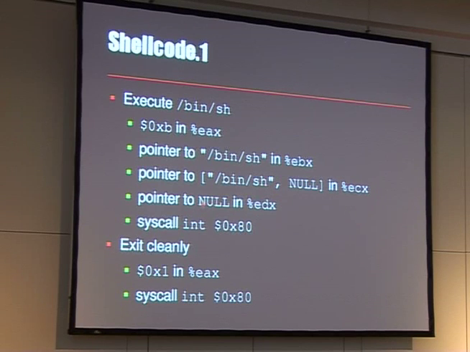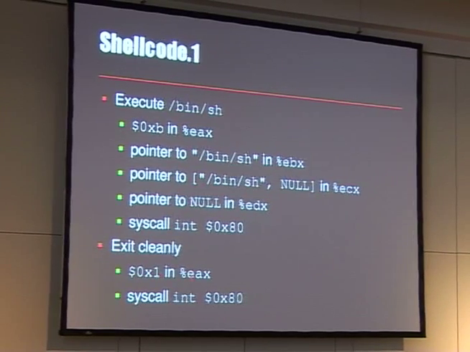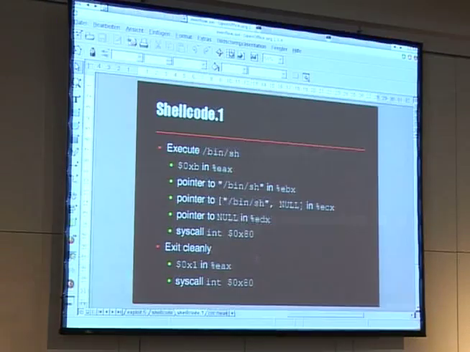And you will have a pointer to that null in EDX. And you will have a syscall to the Linux syscall table that's made by interrupt 0x80. And to exit cleanly is nothing more than to write the value 1 into the EAX register and to have interrupt 0x80 called.